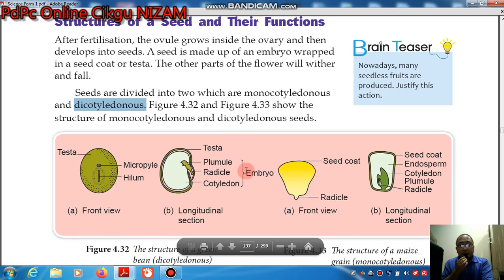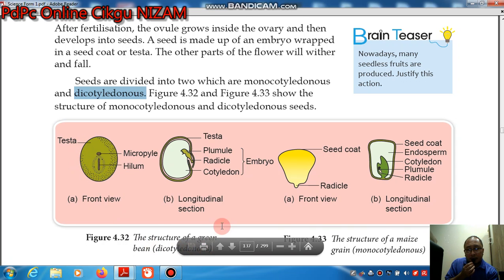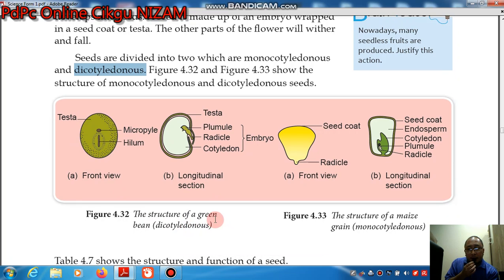The structure of these different types of seed is given below. You must remember all the structures that make up the monocotyledonous seed and dicotyledonous seed. At the left side here, this is the structure of a green bean as an example of a dicotyledonous seed, and the right side here is the structure of maize grain, an example of a monocotyledonous seed.